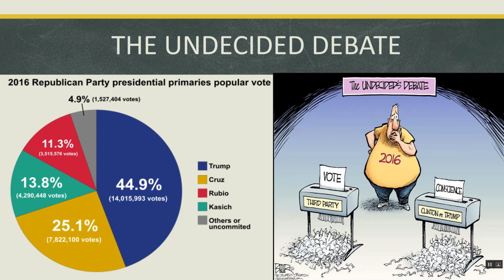The remaining 5% or so went to other candidates. What this means is that about 65%, a substantial majority of Republicans, voted against Donald Trump in 2016. But because Donald Trump got a larger share of the vote than any other candidate, he won the election and got to serve as the Republican candidate for president, eventually winning in the general election to become president of the United States.